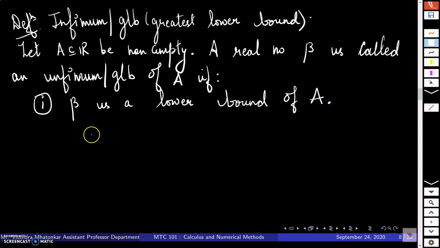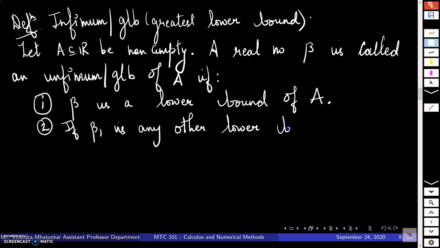The second condition is, if you take any other lower bound, say beta 1 is any other lower bound of A, then I want beta to be the greatest lower bound. So if I pick any other lower bound beta 1, then beta 1 must be less than or equal to beta. Then only beta will be the greatest one.